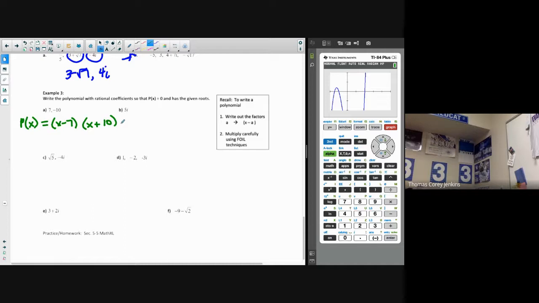Then we would just multiply. Another note I should have said at the beginning: you have 2 roots, so this should be a 2nd degree or quadratic equation, which is what we get when we take a binomial times a binomial. So we have x squared, plus 10x and minus 7x to make plus 3x, and minus 70 at the end.